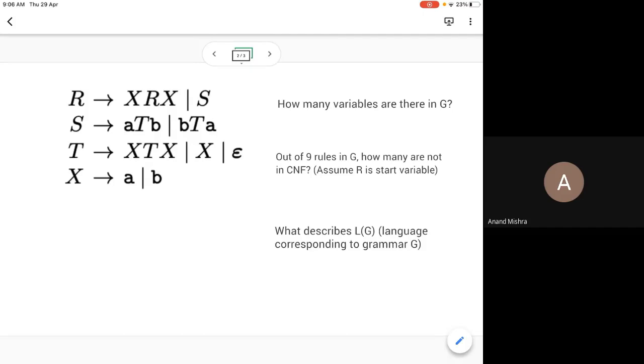The terminals are symbols. They are not variables. They are constants.